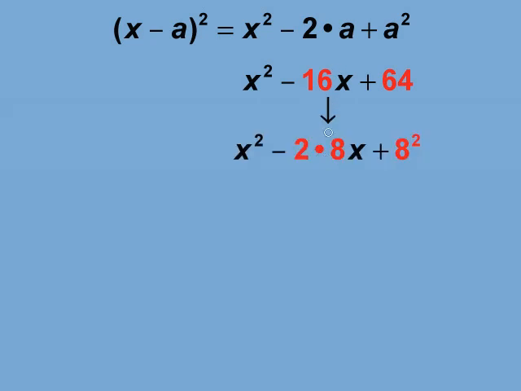So 16 becomes 2 times 8. Then write 64 as a square number, or 8 squared. And sure enough, this quadratic can be factored into the single binomial x minus 8, which is then squared.